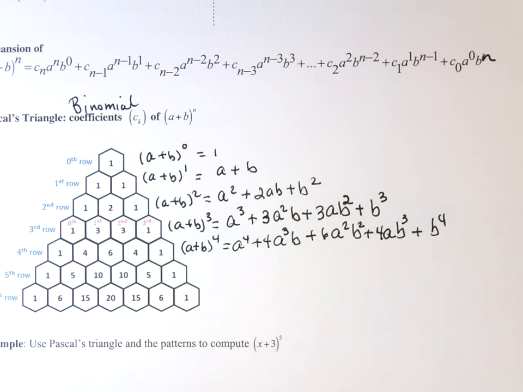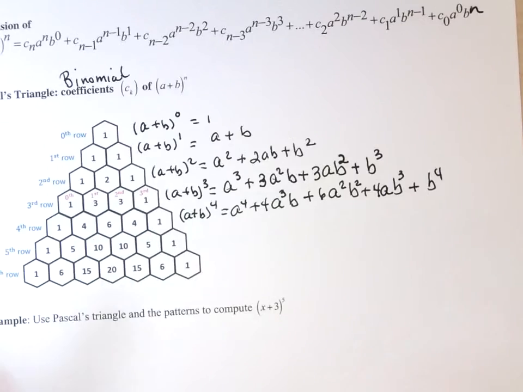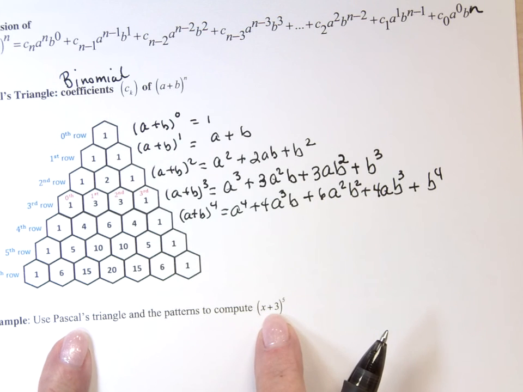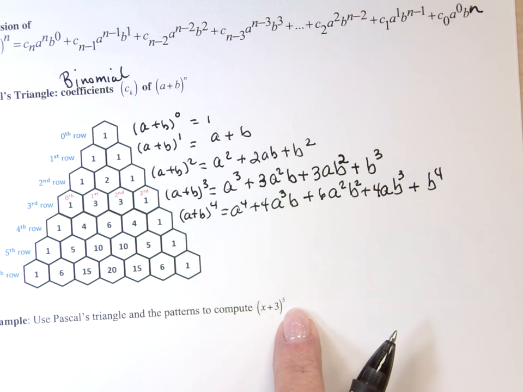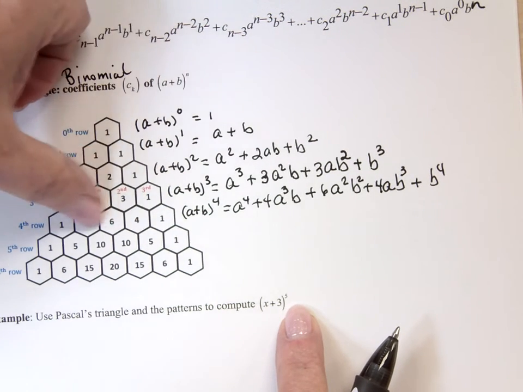And Pascal's triangle, and I use Pascal's triangle all the time, Pascal's triangle can give you those coefficients. So if I wanted to use Pascal's triangle to do x plus 3 to the 5th power, well, what would it be? 5th power is this row right here.